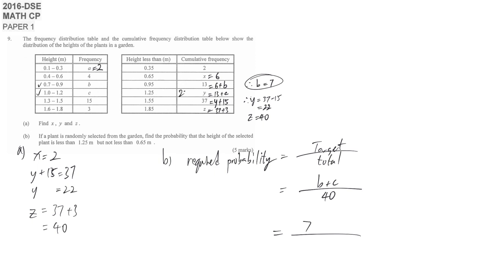Y is 22, don't forget it, this is 13. So 13 plus how many will give you 22, which is 9. So this section is 9. So the probability is 16/40. Then we simplify our answer, which gives us 2/5. Or you may write 0.4.